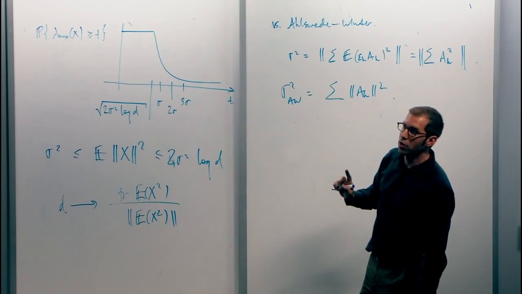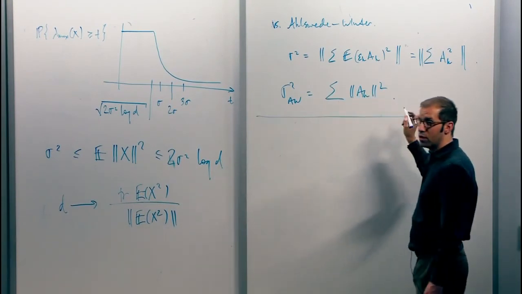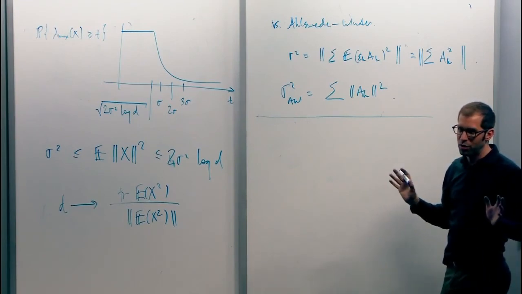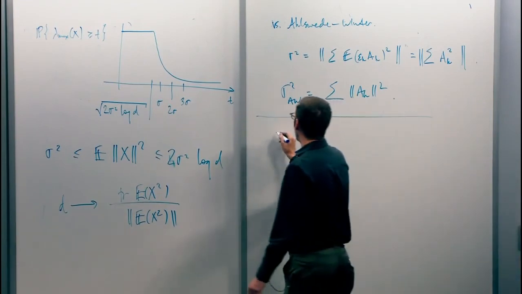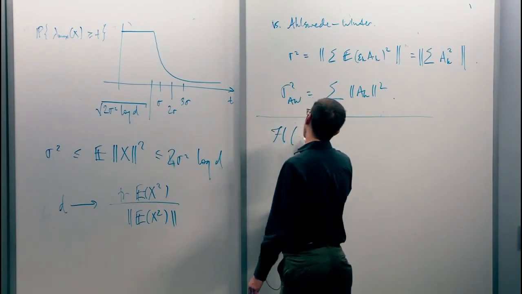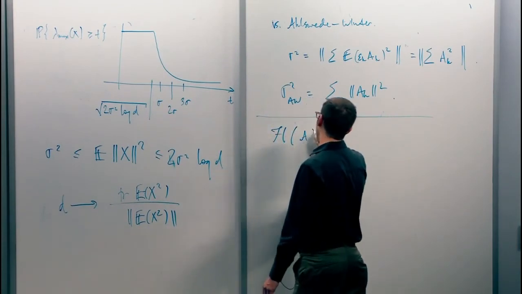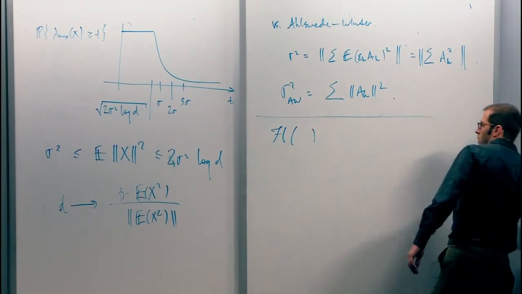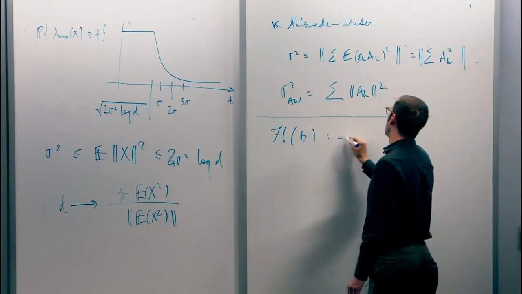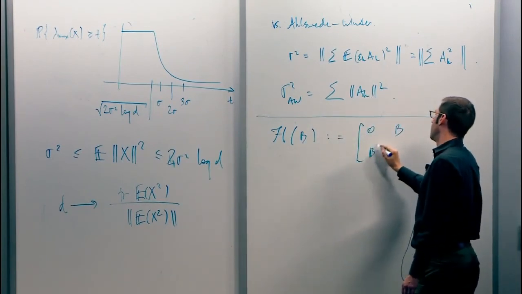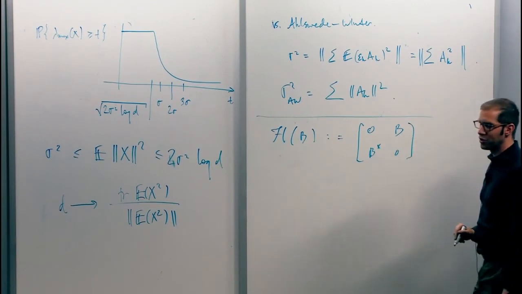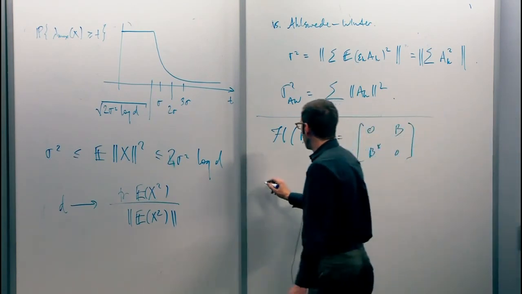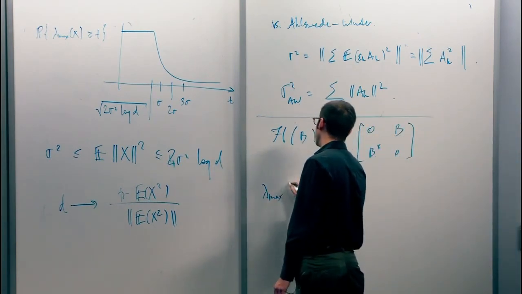Okay, there's one more thing I want to tell you before we wrap up for this hour, and that's what you do with rectangular matrices. It seems like that's a different problem, but it's not. So we'll define a map H that takes a general matrix B to the following somewhat larger matrix. Now, this is obviously Hermitian.